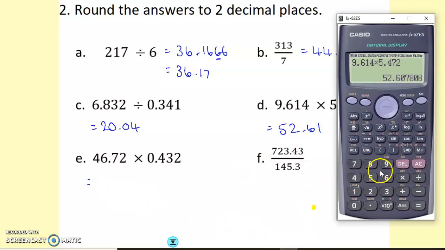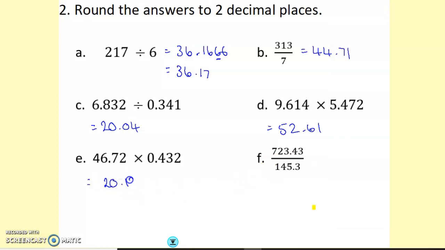E, 46.72 times 0.432, it's 20.183, so that's a 3. Can't do anything to that 8, so it stays as 20.18.